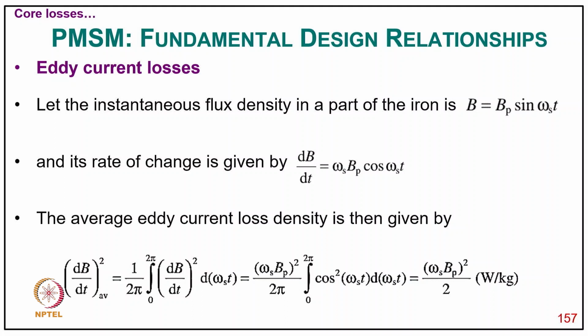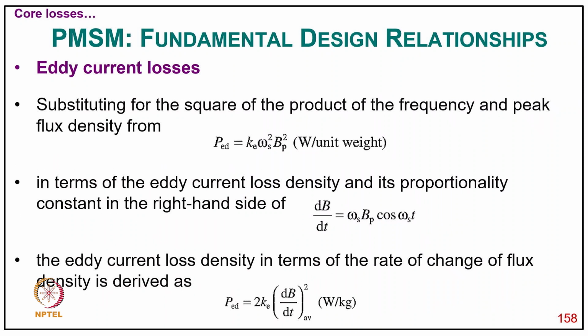The average eddy current loss density is then given by the average of (dB/dt)^2 = 1/2pi integral from 0 to 2pi of (dB/dt)^2 d(omega_s t) = omega_s^2 B_p^2 / 2pi integral from 0 to 2pi of cos^2 omega_s t d(omega_s t), which is equal to omega_s^2 B_p^2 / 2 watt per kg.